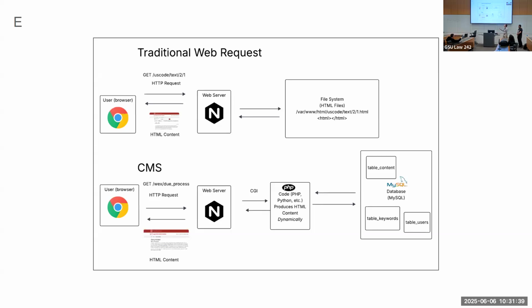That's how things worked in the early days of the web. In the example here, we have a user requesting a US code page. And this is how we serve the US code at LII. Our web server just finds on the file system this HTML file, and it simply gives it back to the client, bing, bang, boom.